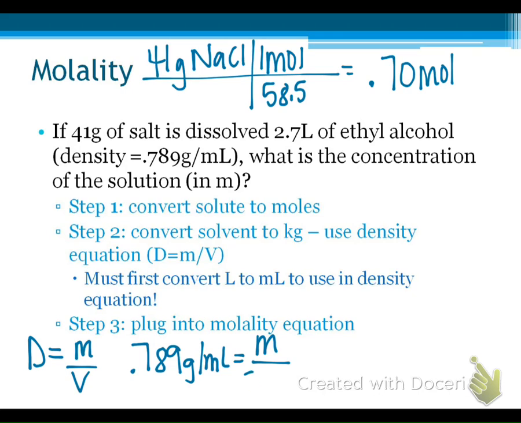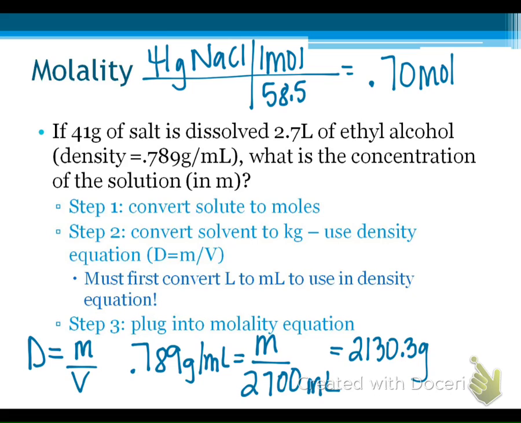And we know we have 2,700 milliliters. What math do we have to do to solve for our mass here? We're going to multiply these two together. So take 0.789 times 2,700, and that's going to give us how many grams of this solvent we have. That's how many grams I got. Do we agree with that?